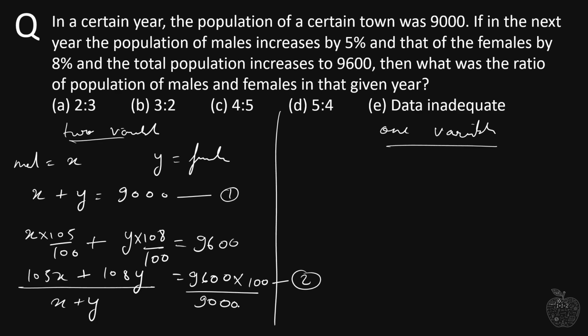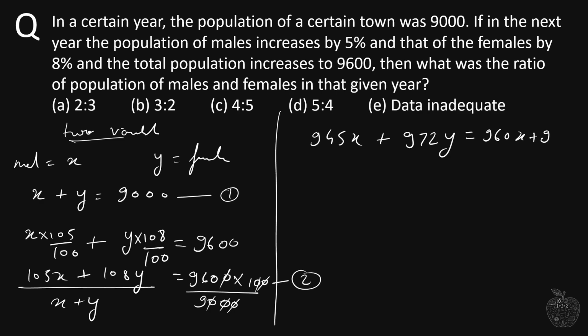Now the zeros get cancelled, so we are left with 9 into 105x, which is 945x, plus 9 into 108y, which is 972y, equals 960x plus 960y, as x plus y goes on the right hand side.